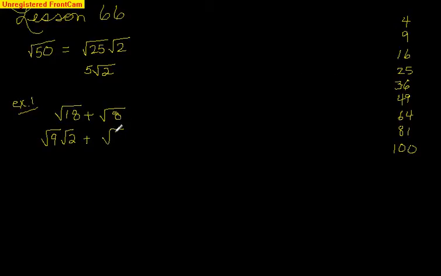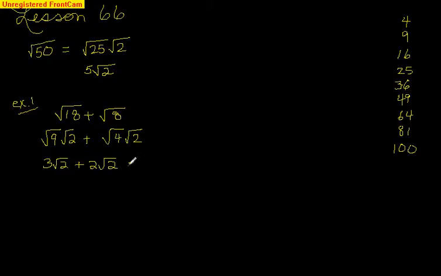That simplifies to 3 square root of 2 plus 2 square root of 2. They're alike radicals, so we can add the numbers in front of the radicals, so we get 5 square root of 2.